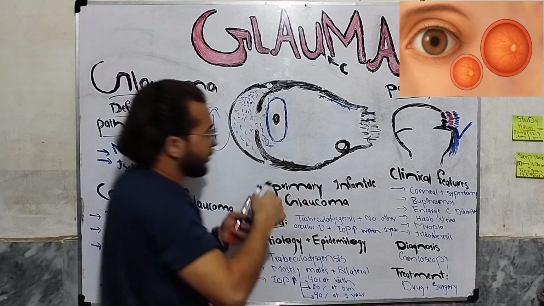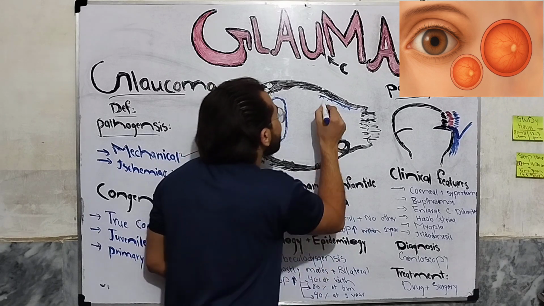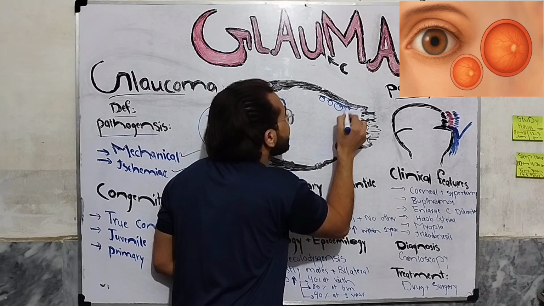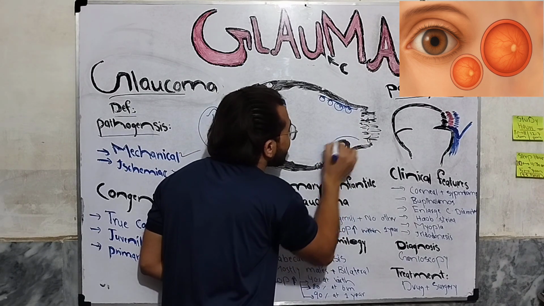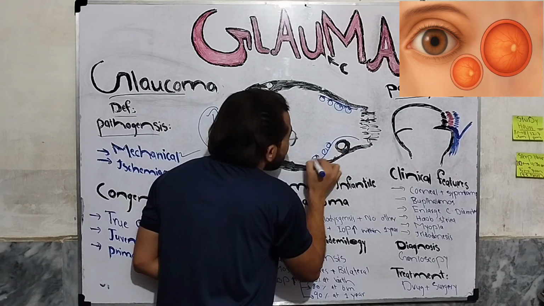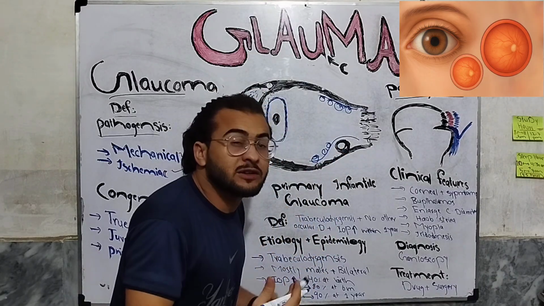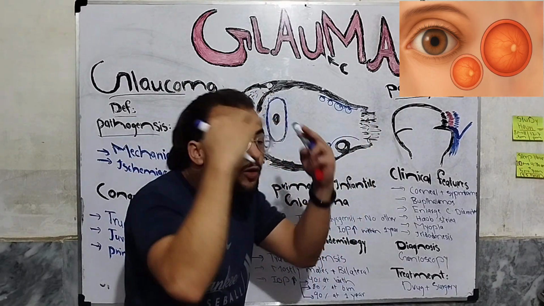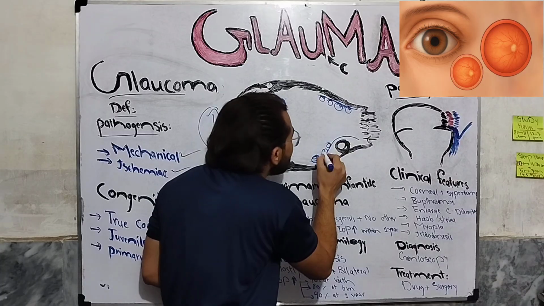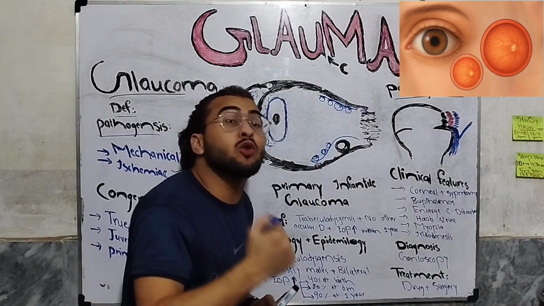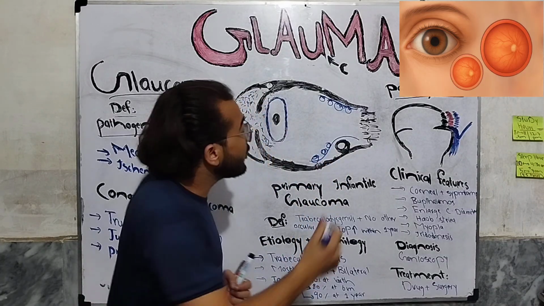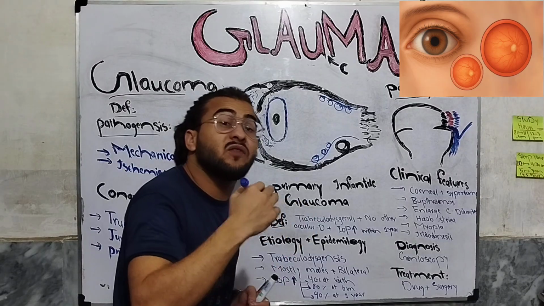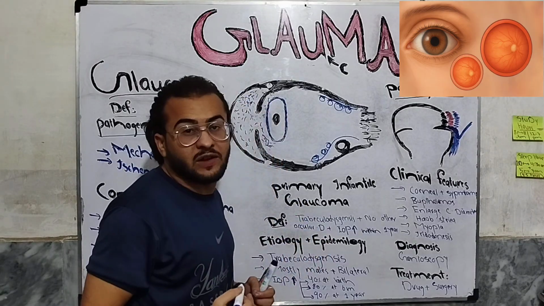So remember, for the normal retinal ganglions, for their maintenance, these ganglions need growth factors which come from the brain through this optic nerve to these ganglions, called the neurotrophin growth factors. Okay, so for normal maintenance and function, they need these growth factors.